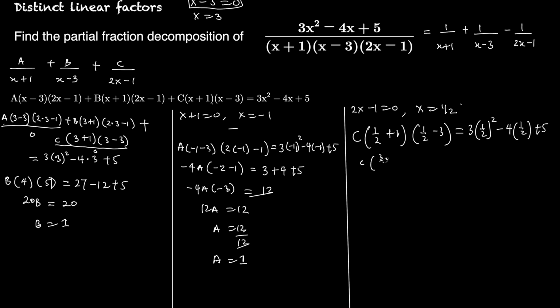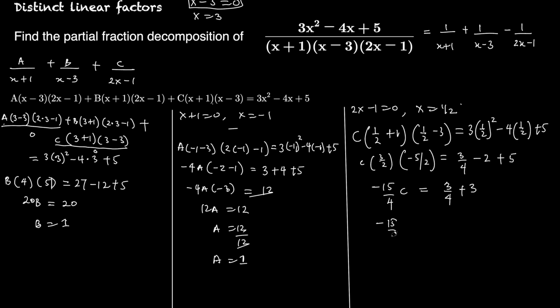So this is 3 over 2. This is negative 5 over 2. This is 3 over 4 minus 2 plus 5. So this gives negative 15 over 4c equals 3/4 plus 3.